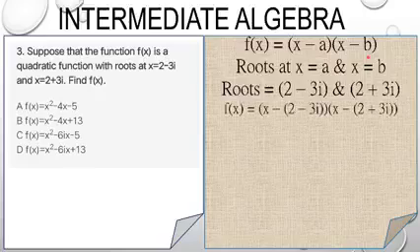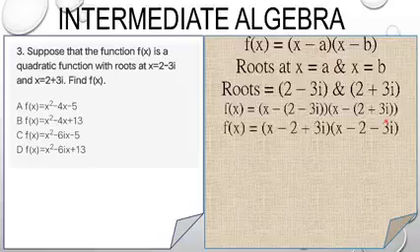So by substitution, we have our function becomes x minus, ito yung unang root, times x minus, ito naman yung pangalawang root natin. Okay? That is 2 plus 3i. And then we need to simplify yung nasa parentheses. So ito, distribute natin yung negative, ibibigay natin kay 2. So magiging negative 2.